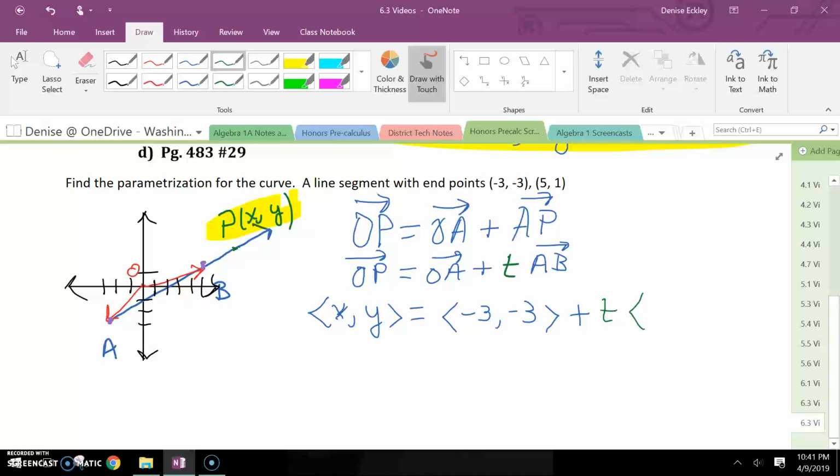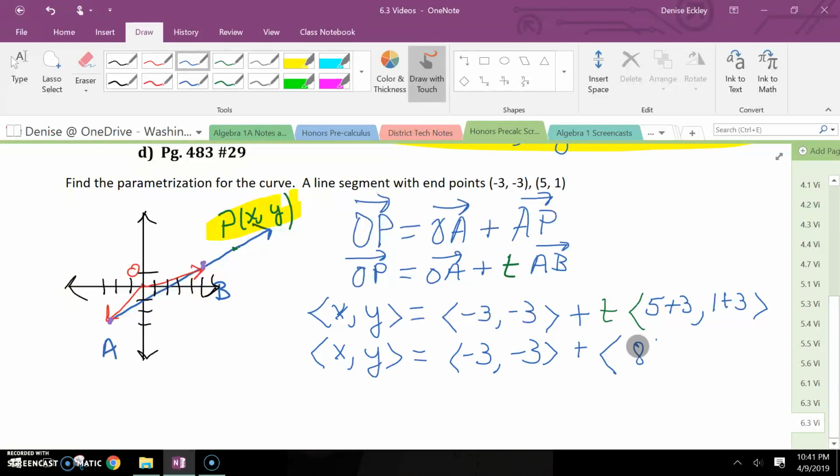And again, using the head to tail method, I am going to have 5 minus -3, so 5 plus 3, and then 1 minus -3, which would be 1 plus 3. Simplifying, I still have my OA vector in its component form. So adding those two and distributing the t, I get 8t and I get 4t.